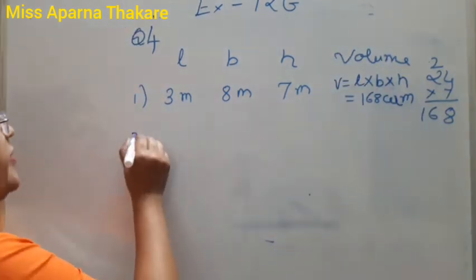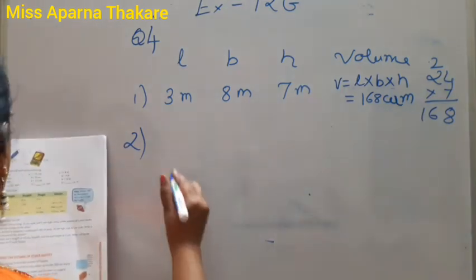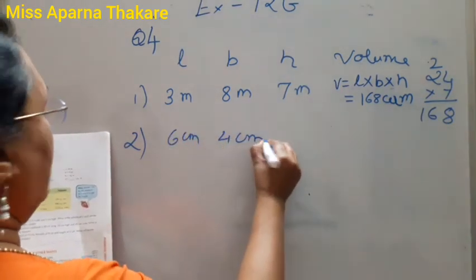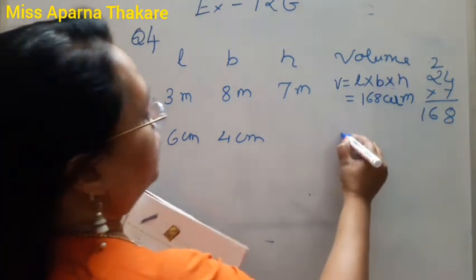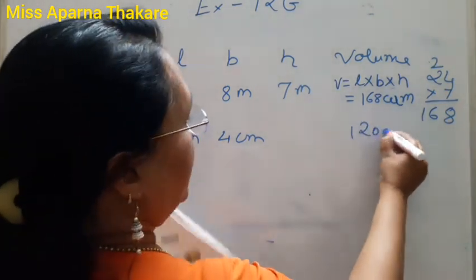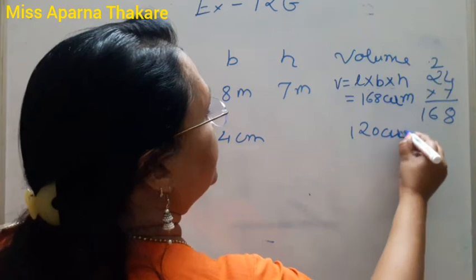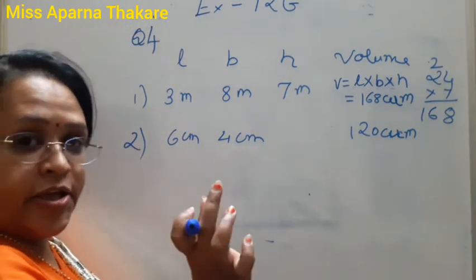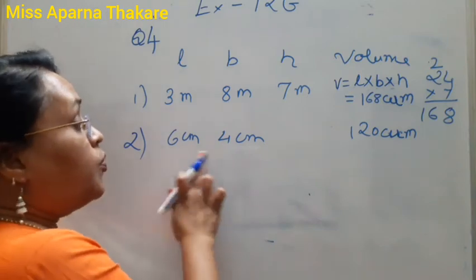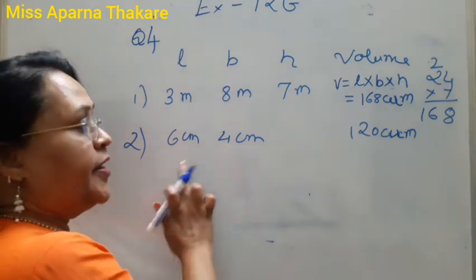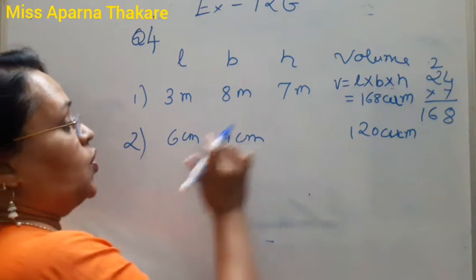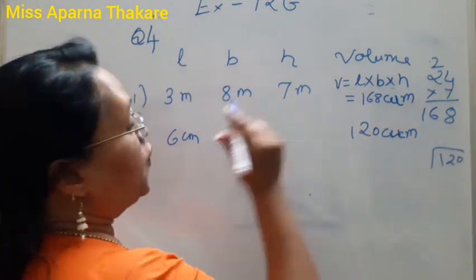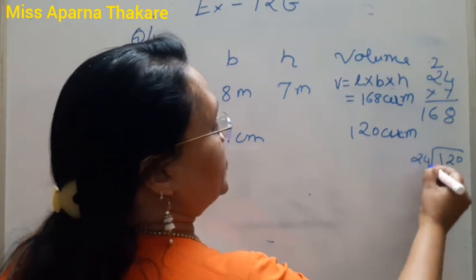Okay. Second is given: 6 centimeter, 4 centimeter, height we have to find, and volume equals 120 cubic centimeter. Now this says that in the blue color box we have to divide 120 by this product. So 120 is divided by 6 fours are 24.